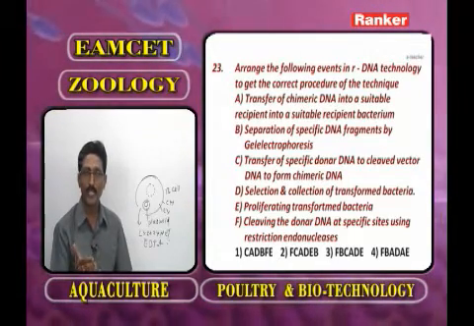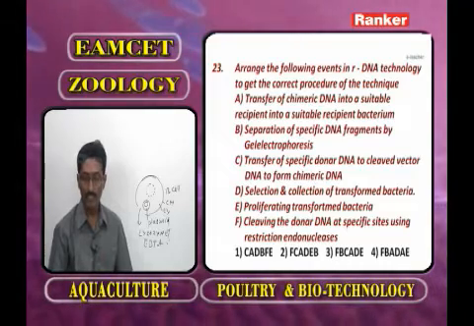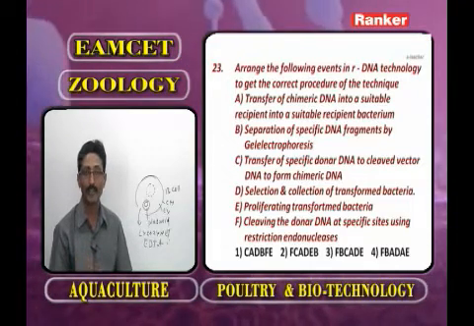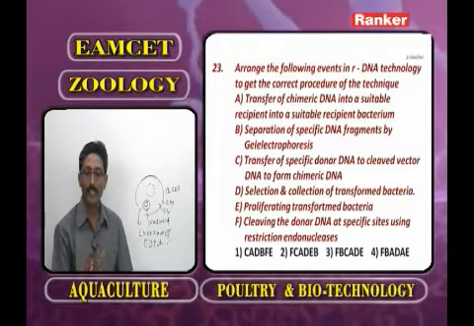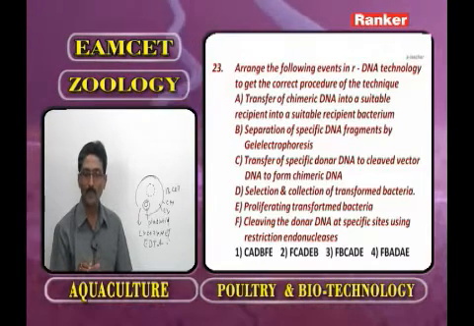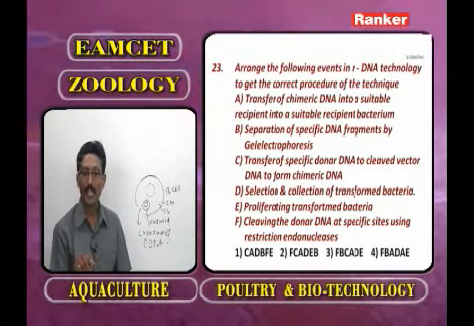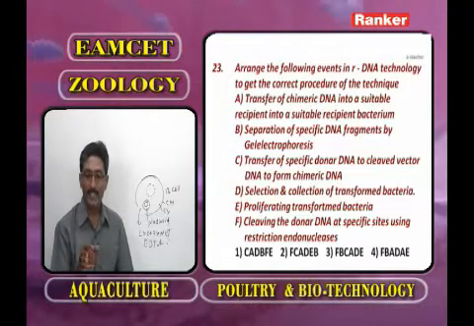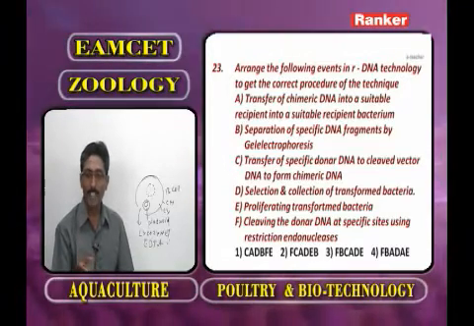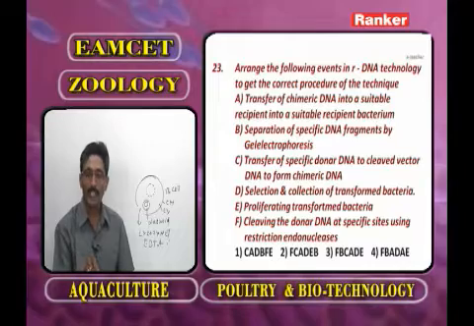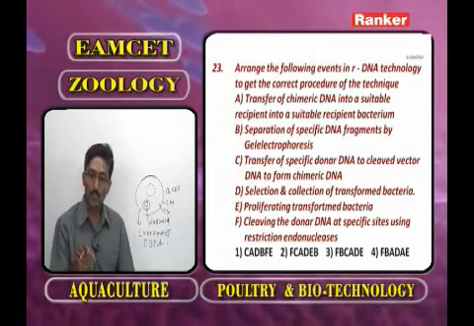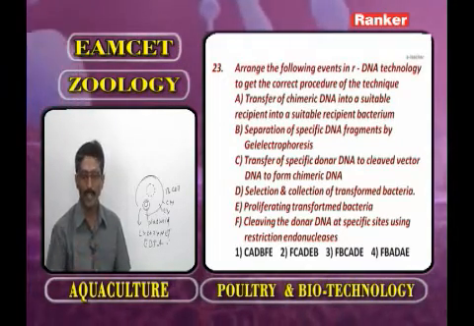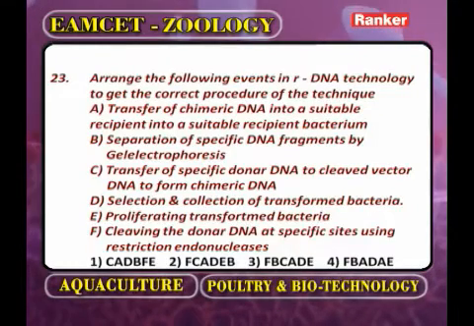Then we go for the vector: transfer of specific donor DNA to cleaved vector DNA to form recombinant DNA or chimeric DNA. Then transfer of chimeric DNA into suitable recipient bacteria. Then we have to identify. How to identify?